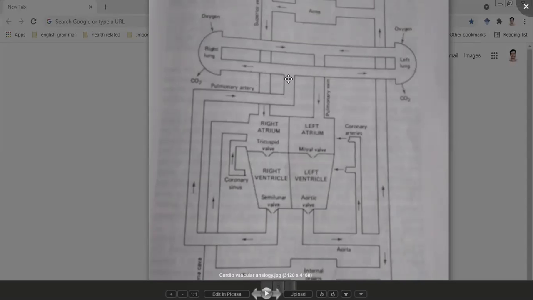Those arterioles carry the blood, which is transferred through the capillary and sent to the small veins. Those smaller veins link up and increase in size, and like that we get the pulmonary vein here. Initially the size of the pulmonary artery decreases, and it is connected to the capillary.